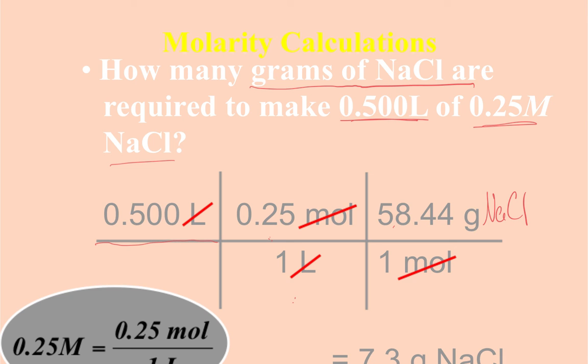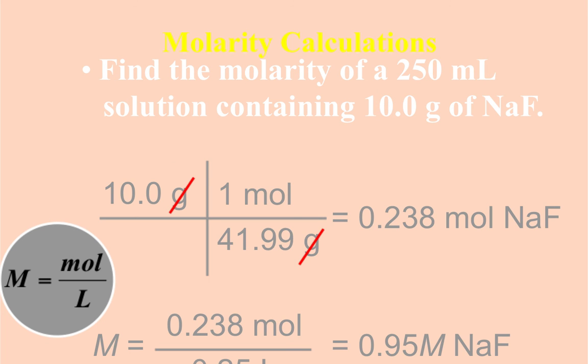I can do it this way, using unit conversions instead of memorizing the molarity formula and using algebra. I can just calculate my unit conversions across and convert liters into my grams.